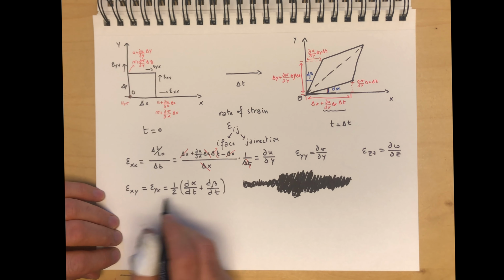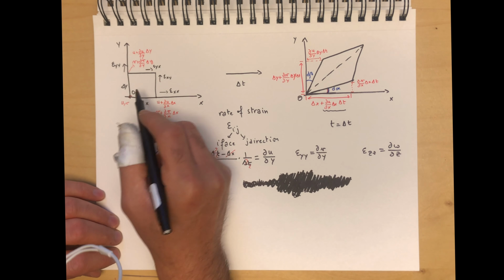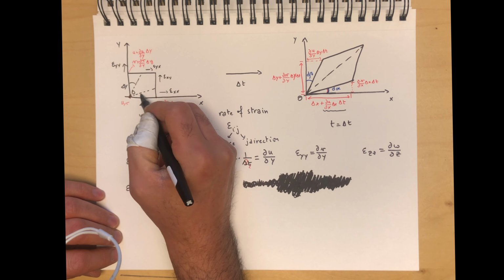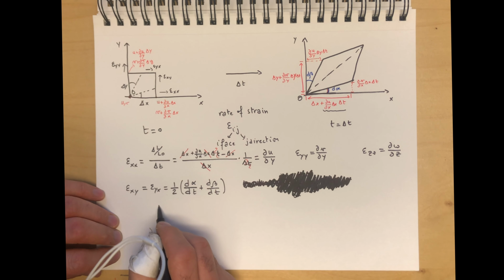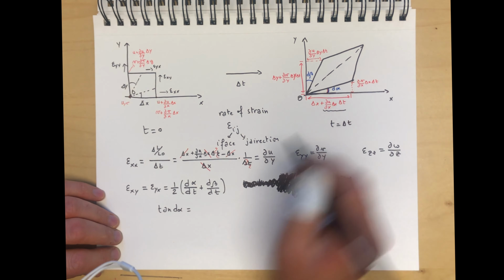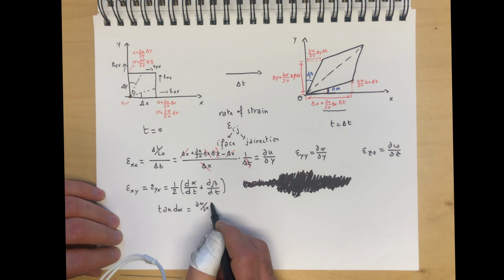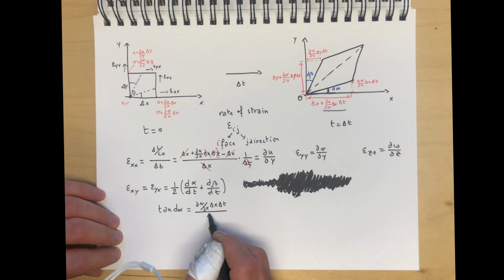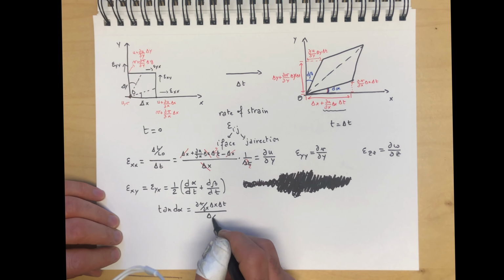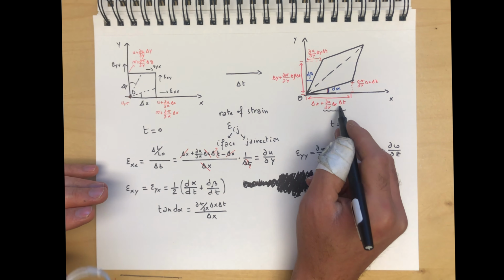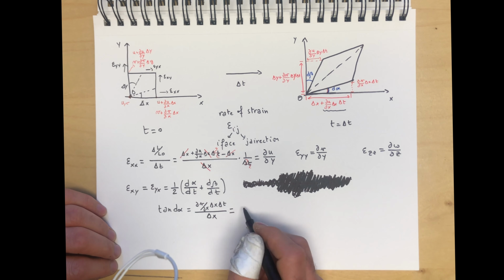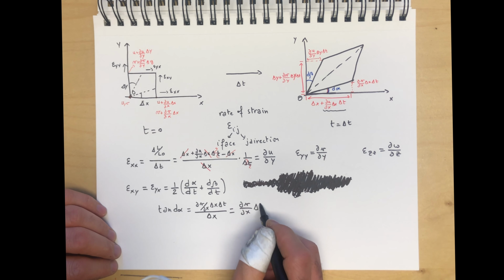So what are d alpha and d beta? All we have to do is focus on the rotation of these sides on the initial element. The tangent of d alpha is equal to simply this distance, dv by dx delta x delta t, over the side. In this case, we just need to measure the initial displacement. Higher order terms are not going to matter, so even if we carry them, it's not going to make a big difference. And then this is equal to dv by dx delta t.